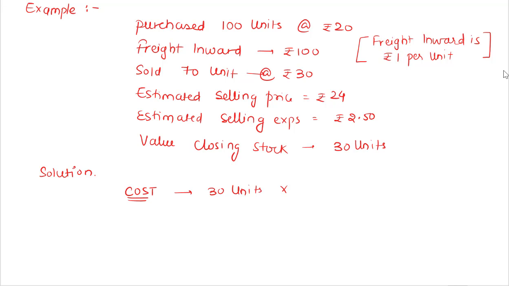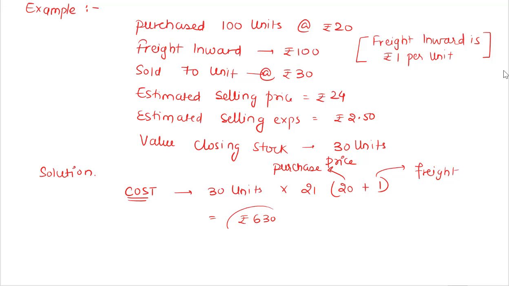The closing stock is 30 units, so 30 units multiplied by 21. How did we calculate 21? 20 plus 1. This 1 relates to freight, and this 20 relates to purchase price. Understood? So 30 multiplied by 21 equals 630.